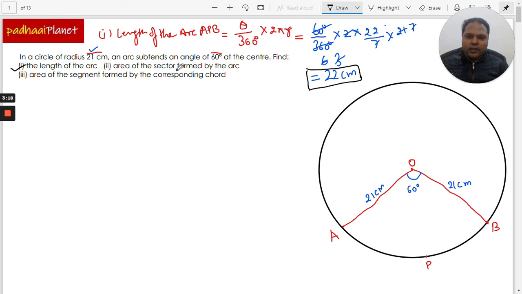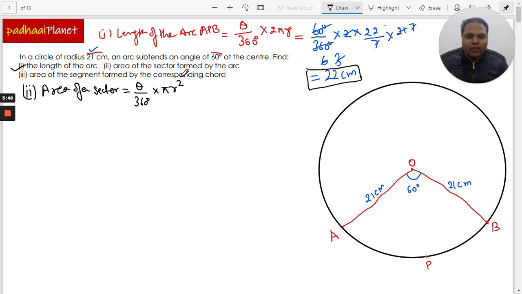Another thing is the area of the sector formed by the arc, right? That's also very simple because we already know that the area of a sector formed by an arc is always equal to theta upon 360 degrees multiplied by pi r square.